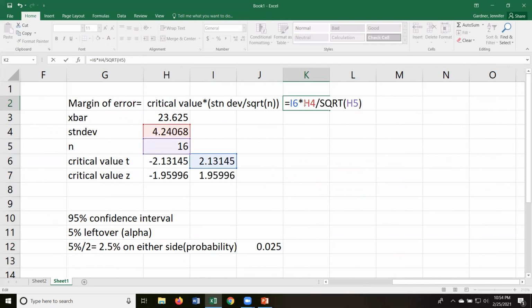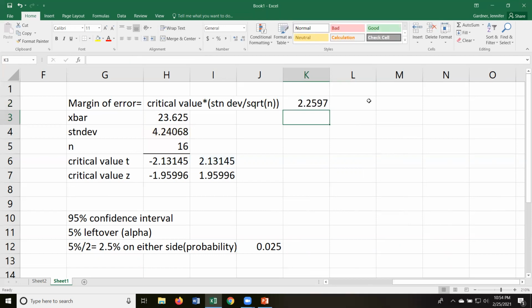Now you can put parentheses around just to make sure things come out correctly. But as long as you've clicked the correct things and put everything in correctly and have the formula right, when I hit enter, I'm going to get my margin of error based on the critical value. So this is my margin of error solved right here with the T.